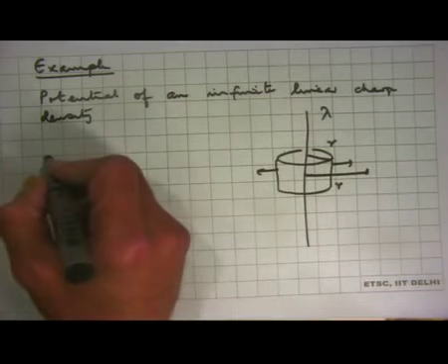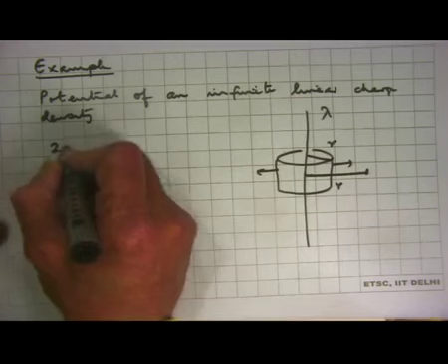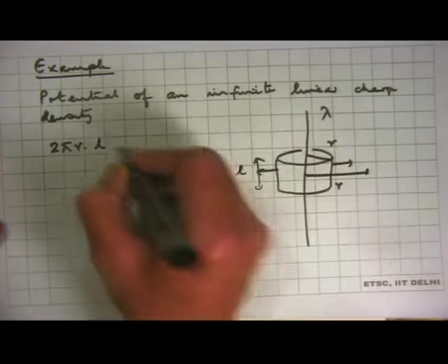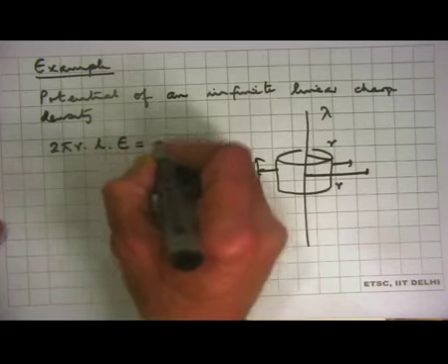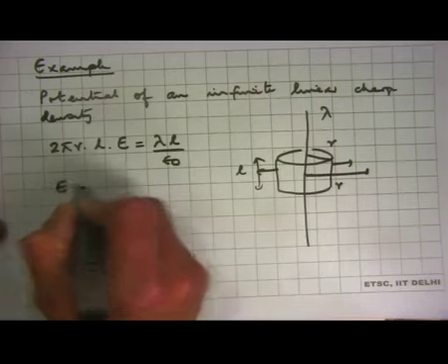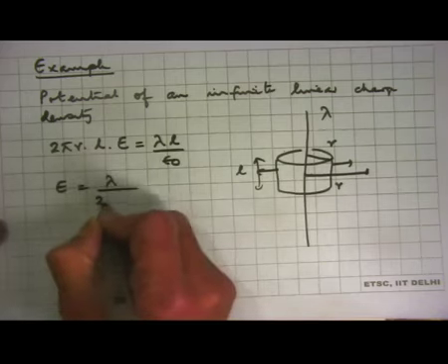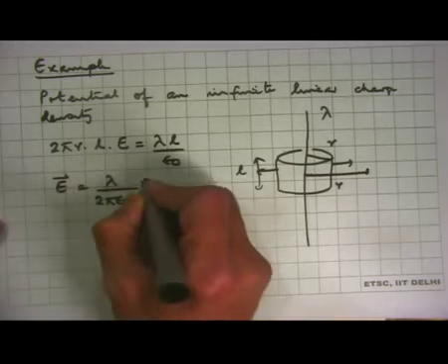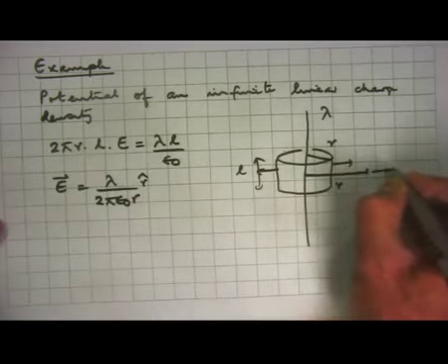And so we calculated the total flux. Total flux was 2 pi r into L, if the length of this is L, into the electric field, which must be equal to the charge contained divided by epsilon 0. So, we get the electric field as lambda by 2 pi epsilon 0 r. This we have already seen, and the electric field vector is along r cap, where r cap is this direction.